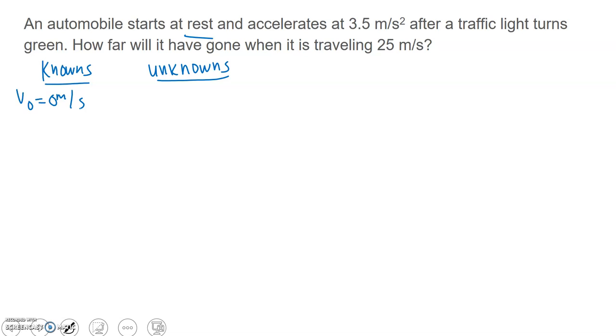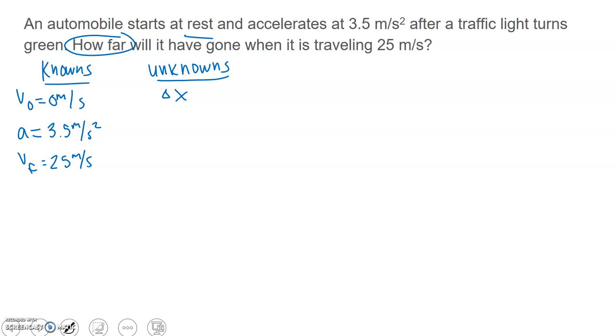It's speeding up in the positive direction, so we have a positive acceleration, 3.5 meters per second squared. We're looking for how far it will have gone. That's our variable delta x for displacement. At the moment it's traveling 25 meters per second, that is a final velocity.